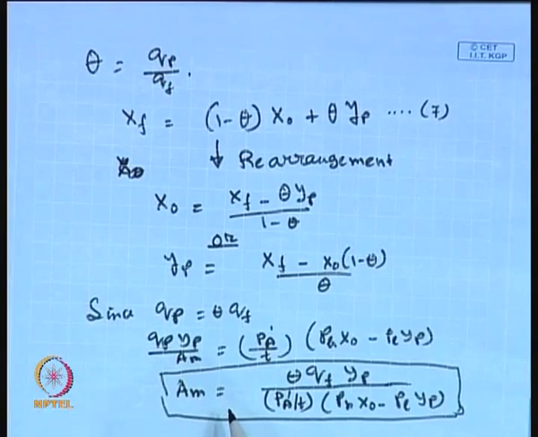That means, if you set a cut of the permeate, that means the fraction of the feed that is going into the permeate, theta will be fixed, you are fixing the theta. Under that condition, you will be able to calculate the membrane area that is required to design such a system. Now, you can select several values of theta and calculate the corresponding values of Am.